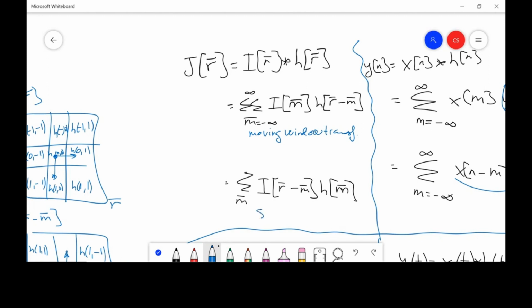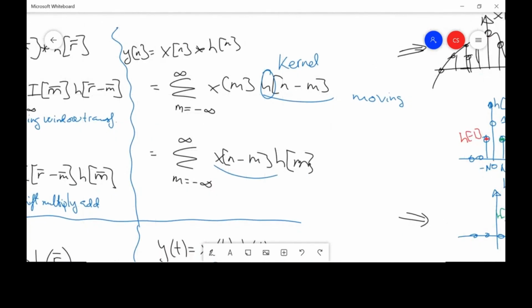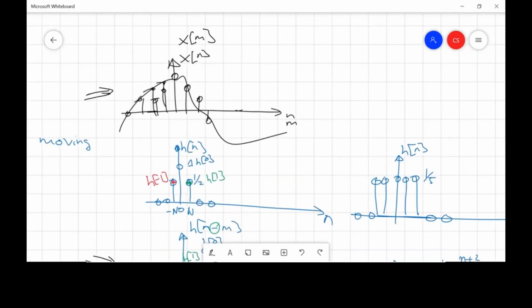So this is called the shift multiply add. Okay, so let's see it in one dimension, because I think it is easier to understand. So let's move to this example.